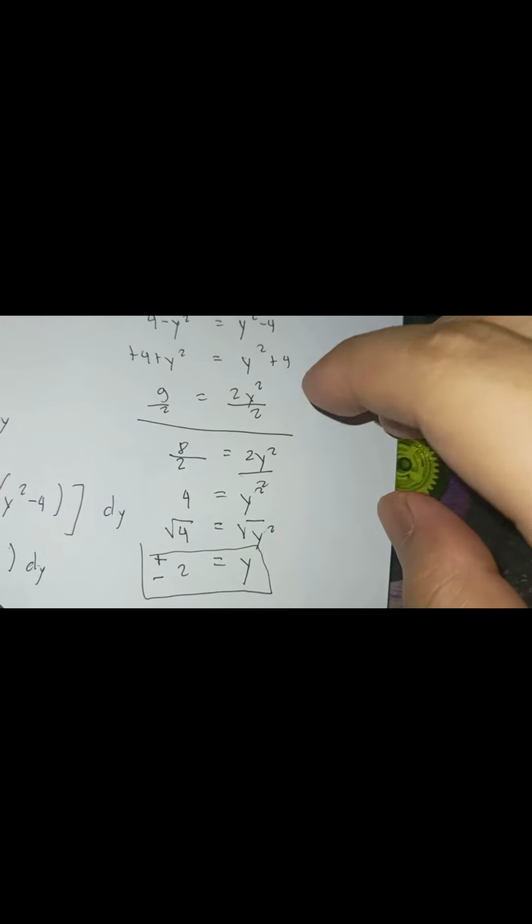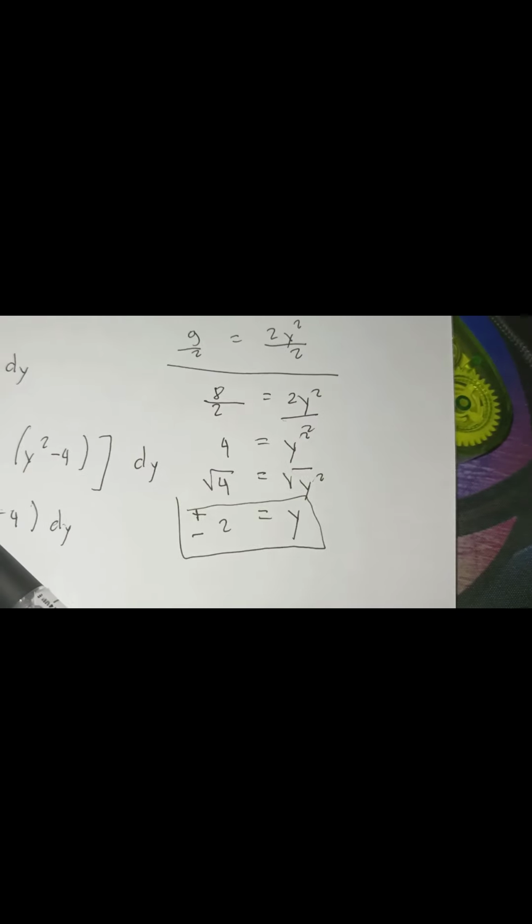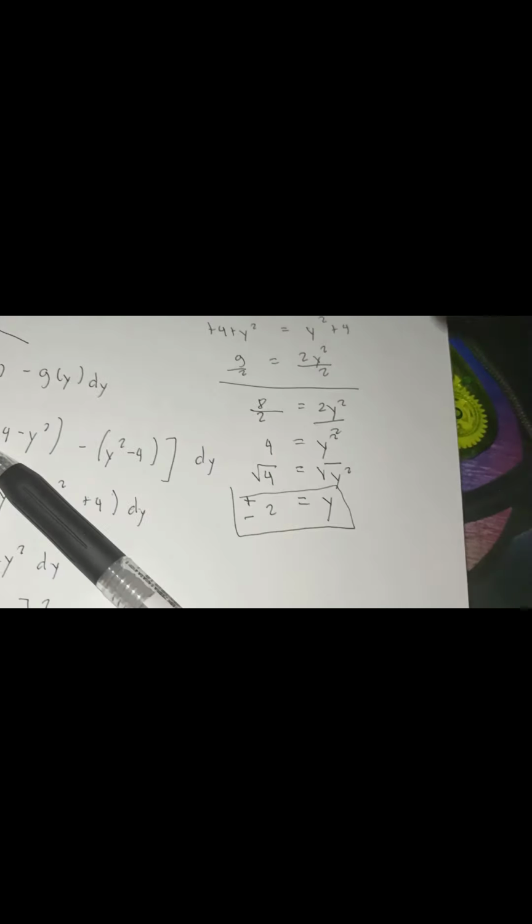Then 8 divided by 2 equals 4, and 2 divided by 2 is 1, so what remains is y squared. So we take the square root of 4 and the square root of y squared, which gives positive and negative 2 equals y. And then we now have the values of the points of intersection.